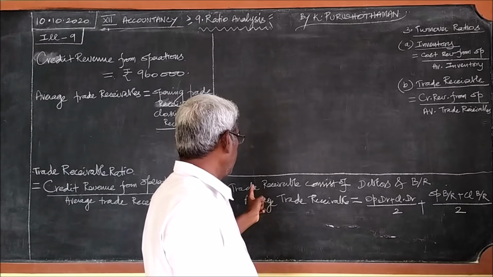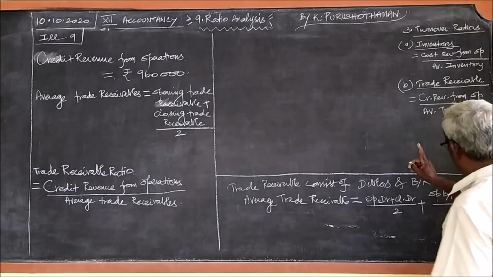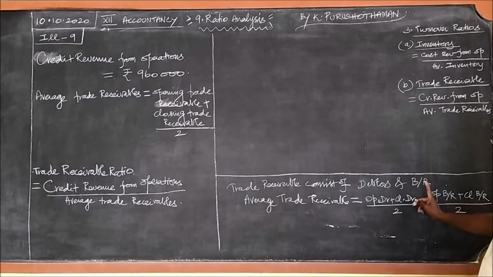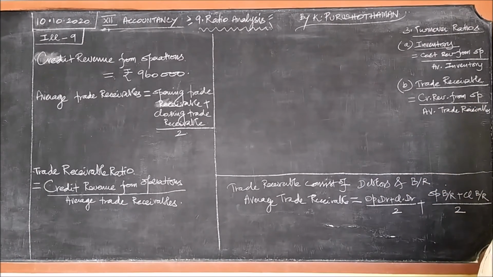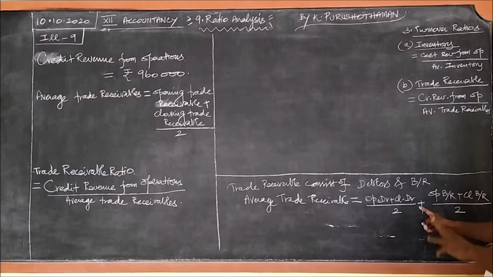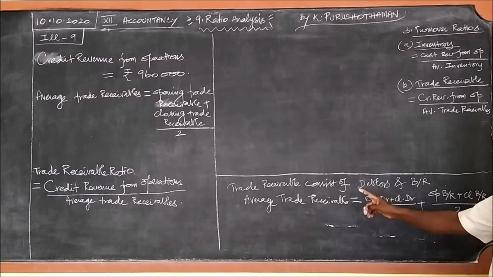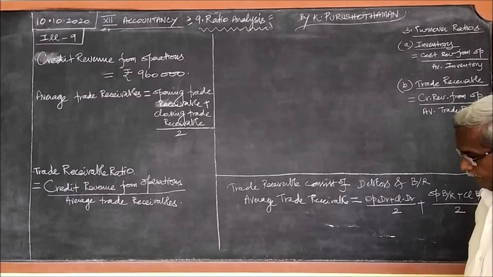When you find the average of trade receivable, you should find the average of debtors and the average of bills receivable. This is the actual meaning of average trade receivable.